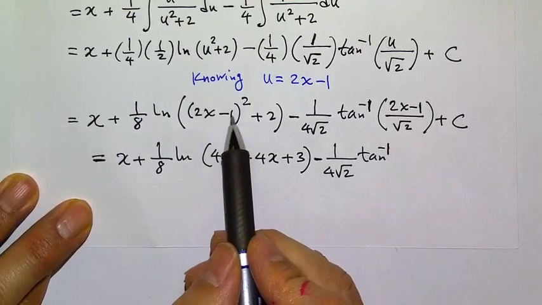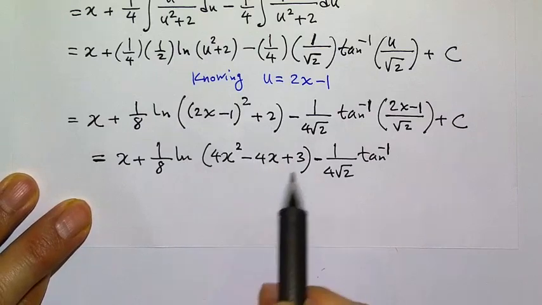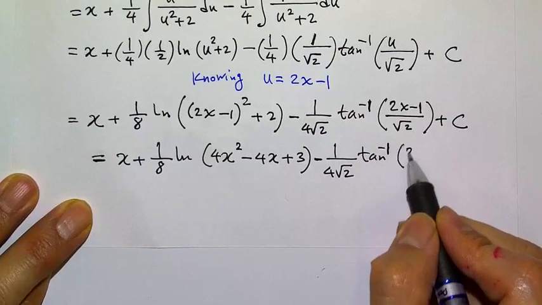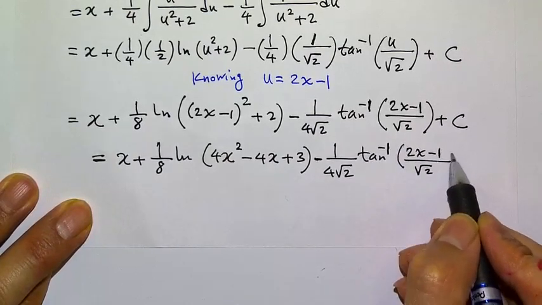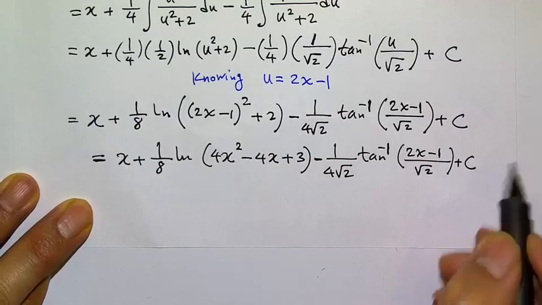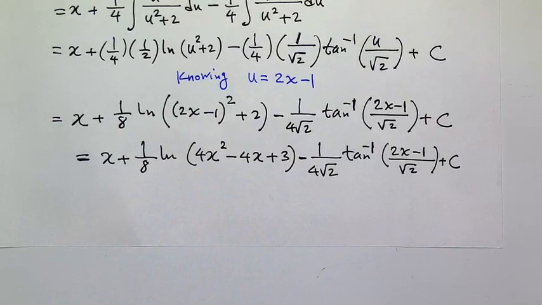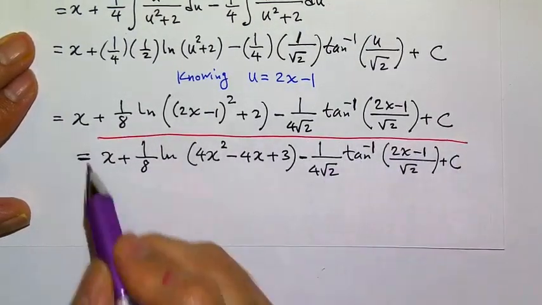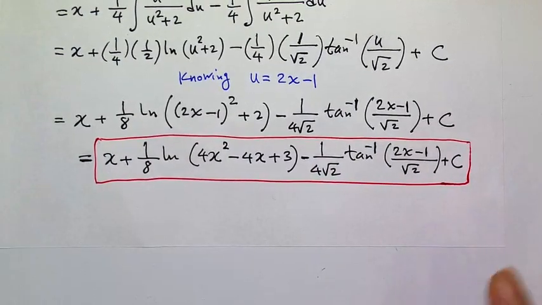So all I did was expand this and plus 2 and simplify it. That's all, from that step to here. And then 2x minus 1 divided by square root of 2 plus c. Like that. Okay.